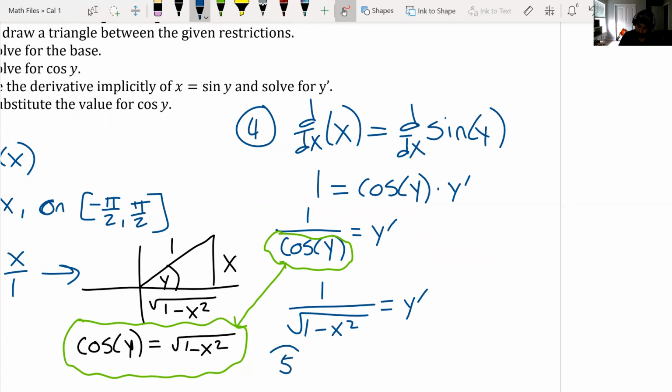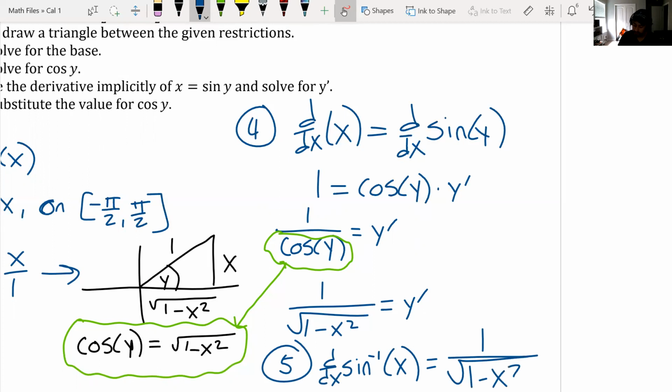Therefore, proving that d over dx of the inverse sine of x is equal to 1 over the square root of 1 minus x squared. That's it. That is a proof by triangles.